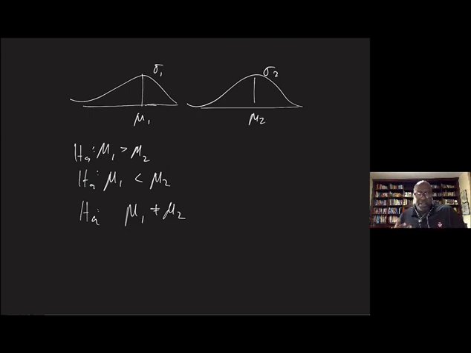And the test statistic that we will use in each case will depend on whether or not we know the population variances. So let us start off with the case where we do know the population variances.